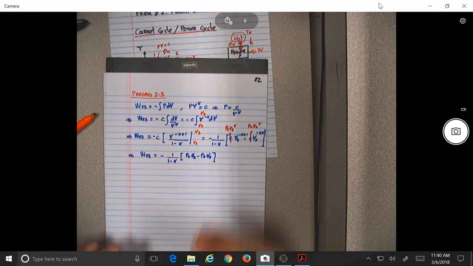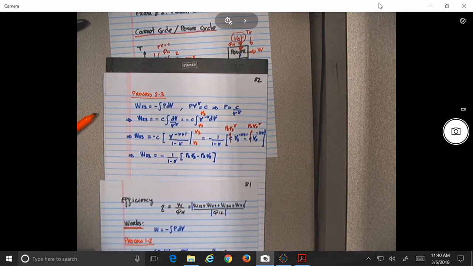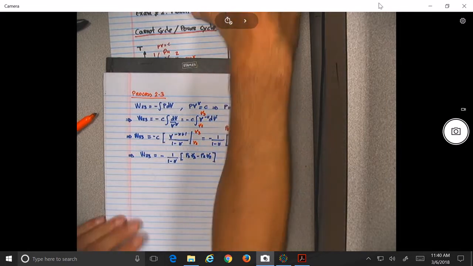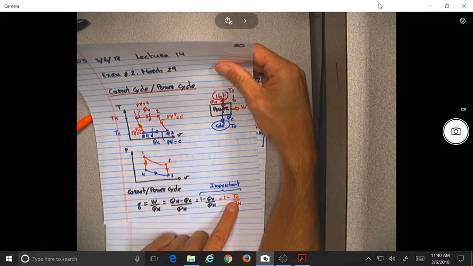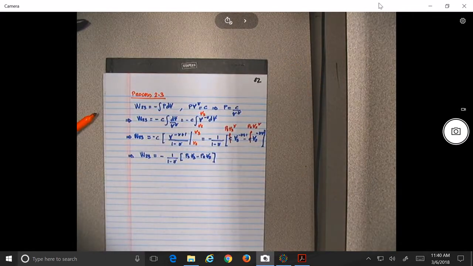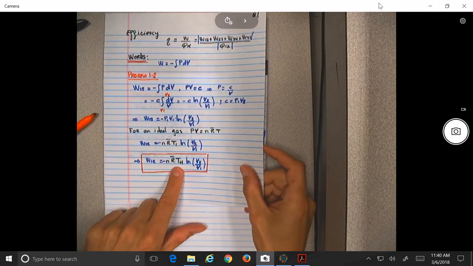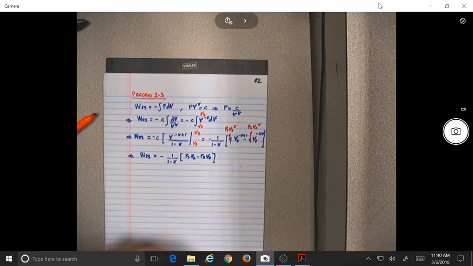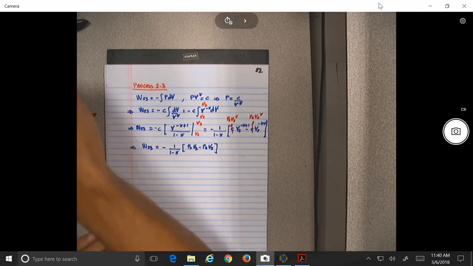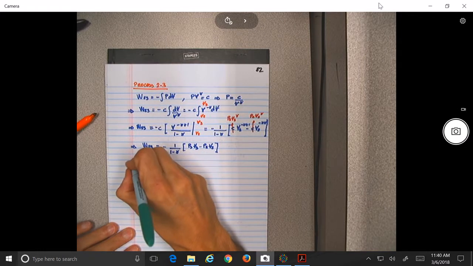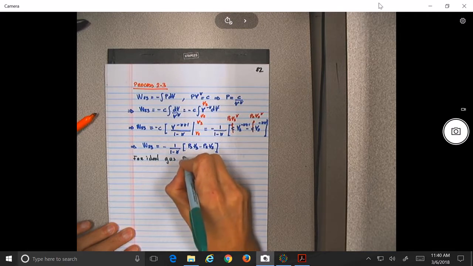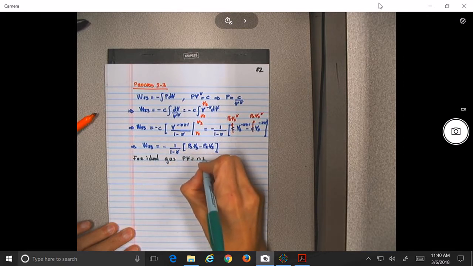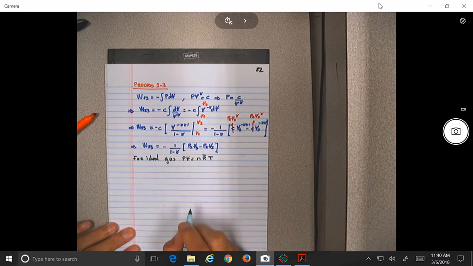So again, remember, what are we trying to prove? That this equation here is proportional to the temperature, no? So what did we do on the first one? We wrote the work by bringing up the temperature. Can we do the same thing over here? Yeah, so for ideal gas, PV equal nRT.